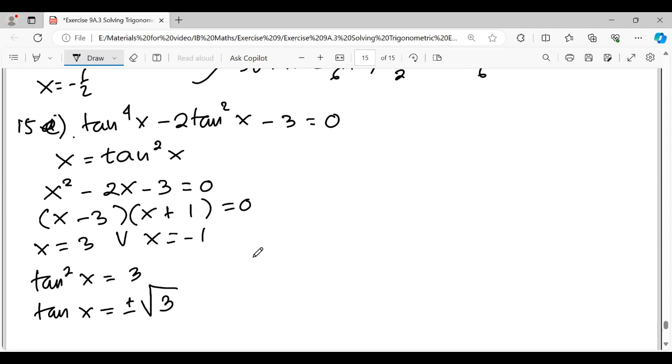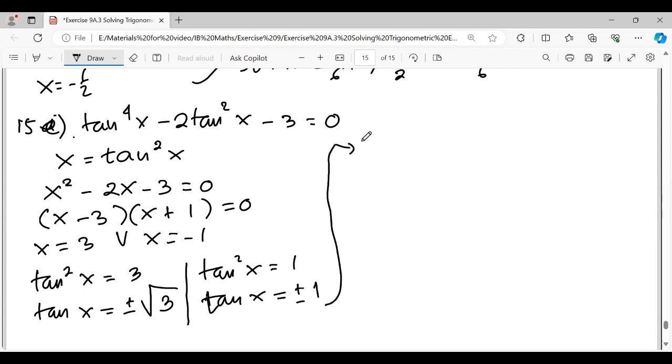And if tangent squared x equals negative 1, I'm going to use this space.